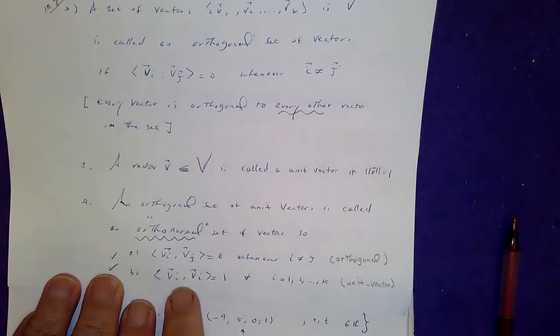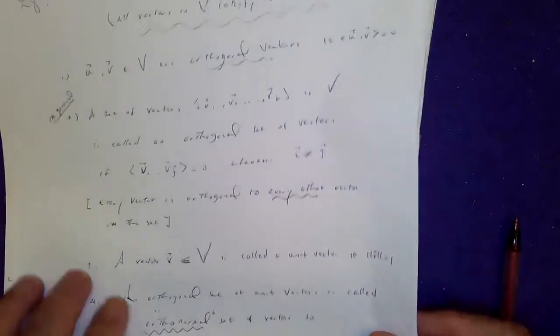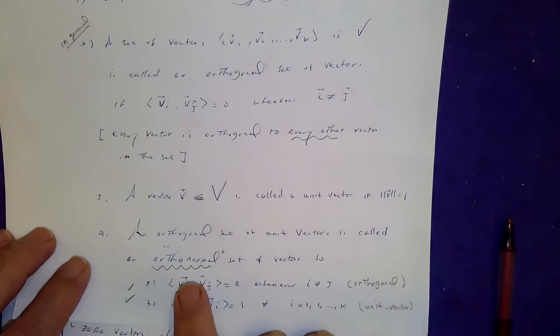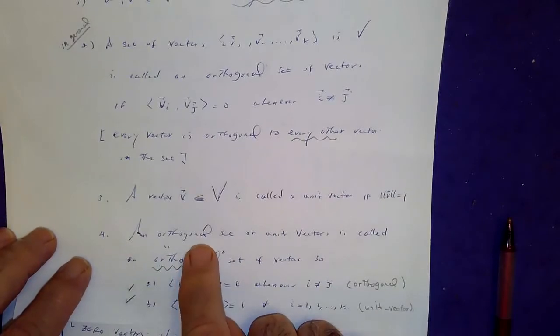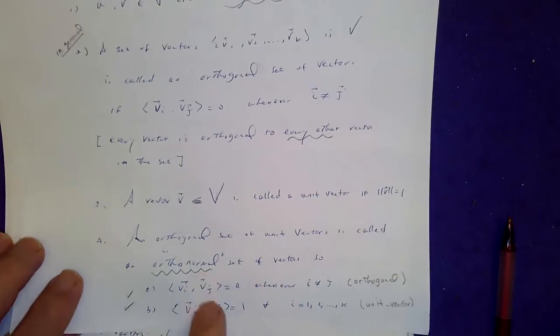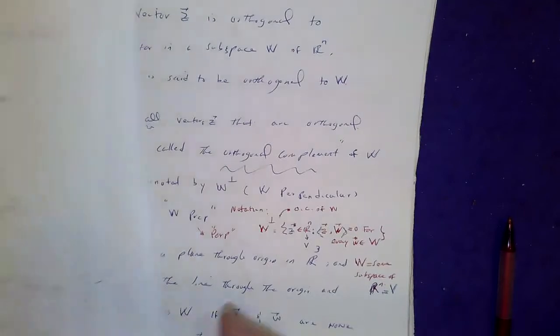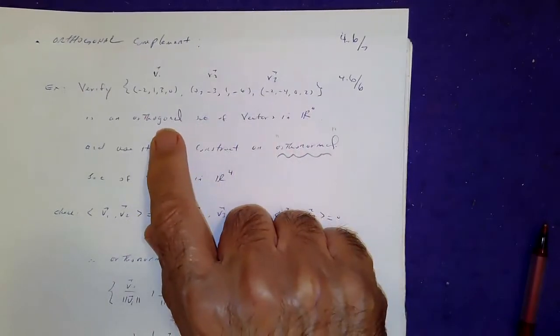In other words, the inner product of the vector by itself should be 1. So basically that's the definition of an orthonormal set of vectors. They are orthogonal, but they happen to have norm equal to 1.